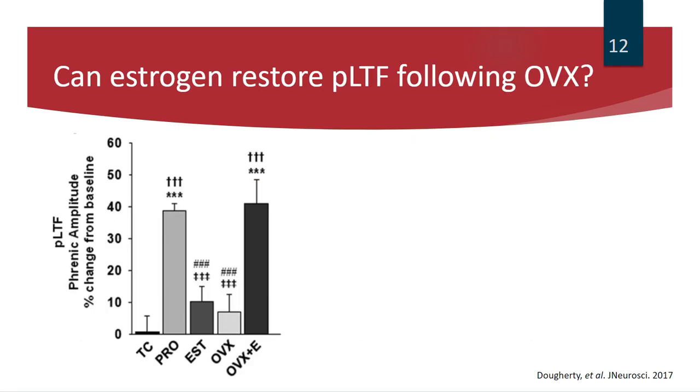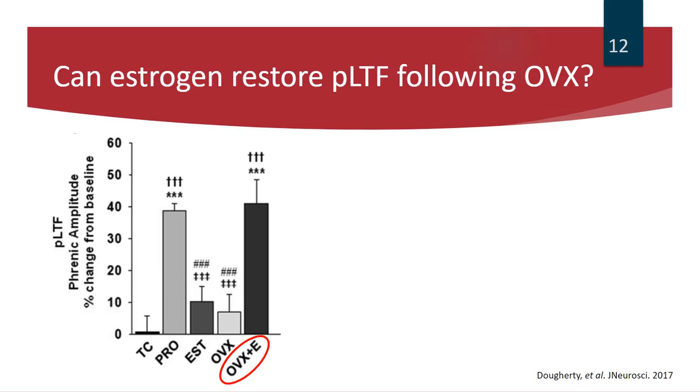And in fact, that was indeed the case. So what you're looking at here is our combined data from this paper. And if I point your attention to the dark bar on the right-hand side, this is our group of ovariectomized female rats. These rats received a single dose of estradiol benzoate, IP, about 3 hours prior to our neurophysiology experiment.